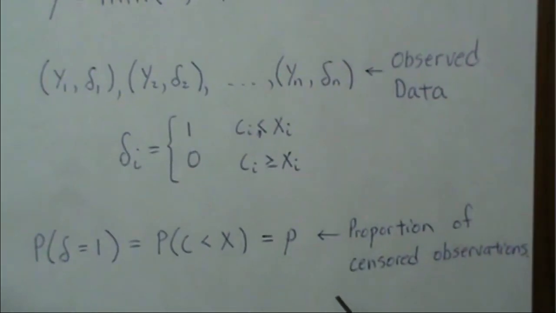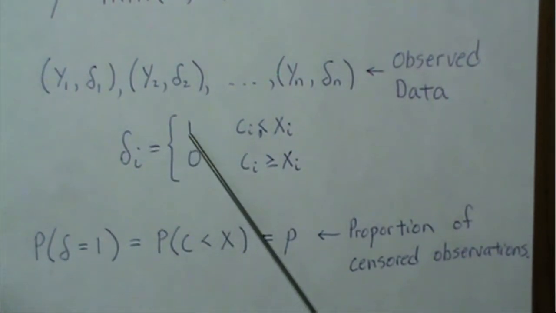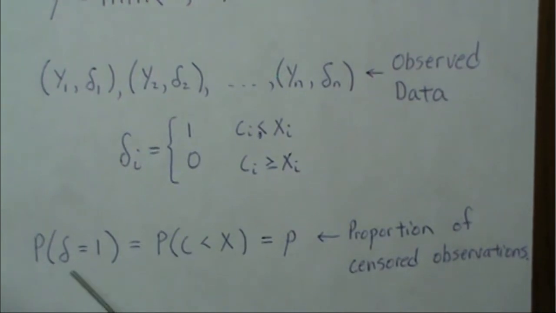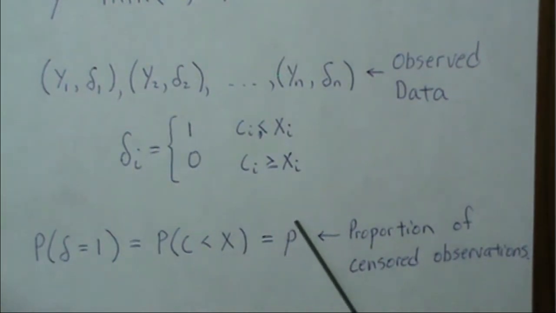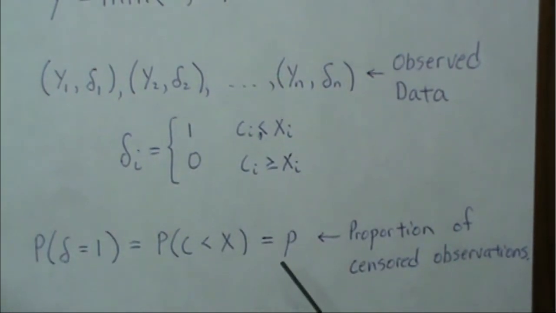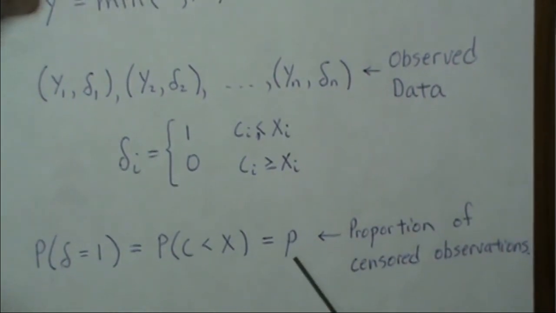So here, this is whether it's censored or not, and the probability that it's censored is just the probability that C is less than X, and we can set that to some known P and then back solve for the lambda 2 parameter to find a specific proportion P.